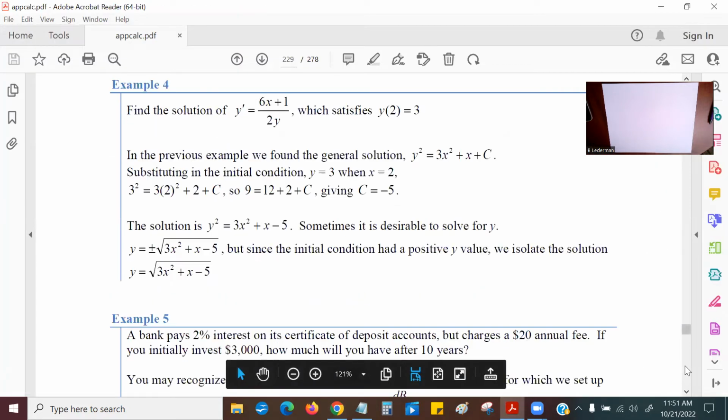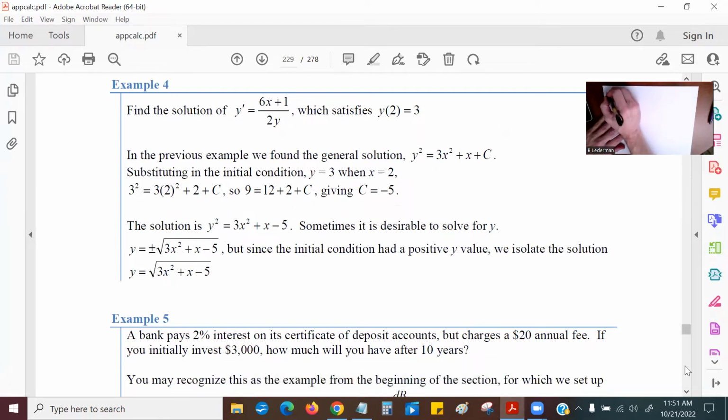Okay, so I'm going to write an example here. The example is y prime equals 6x plus 1 over 2y. And I'm also adding in the initial value that y of 2 equals 3. So I have all that here.